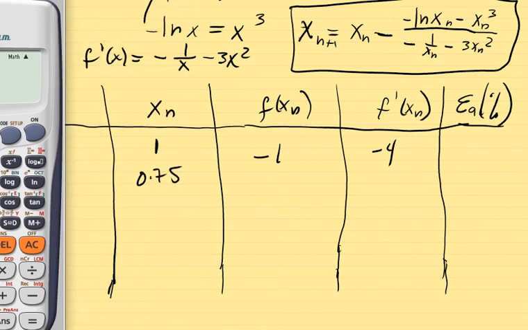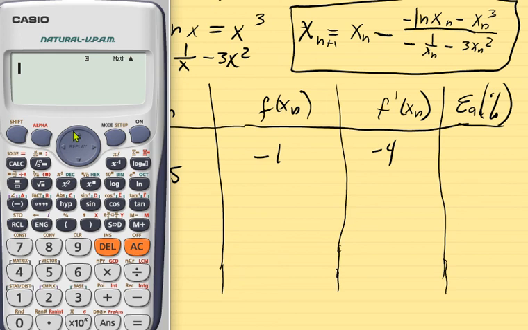Negative ln of 0.75. Or we just write the equation, then just substitute the values. We'll be using this again, so it's good to write the equation and just press replay.